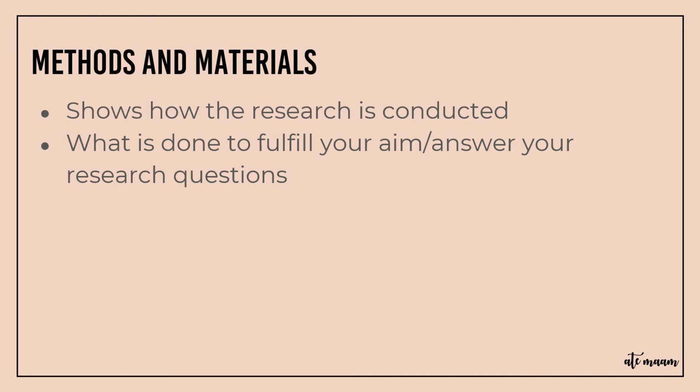You need to describe or narrate or discuss what are the methods that you have done in order to answer your research questions. For example, the researchers conducted an interview on this population in order to know the blah blah blah.